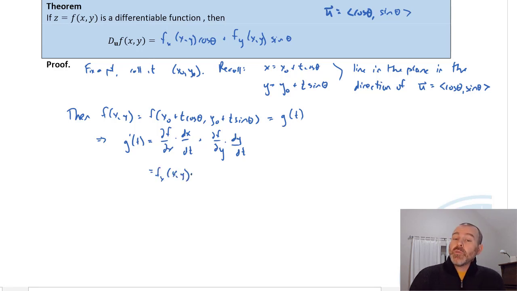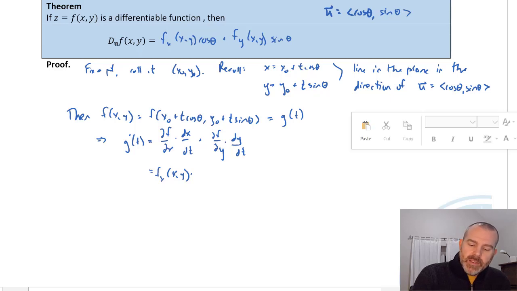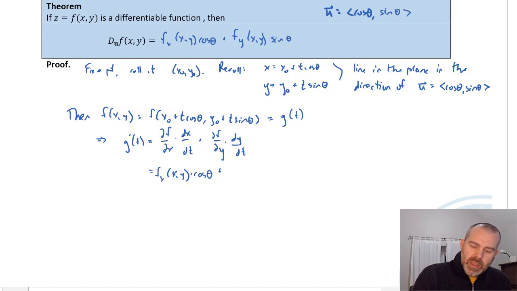And the derivative of x with respect to t, well, if we're taking the derivative with respect to t, then x naught is a constant, theta is a constant, so we just get cosine theta. And then the derivative of y with respect to t will be sine theta.